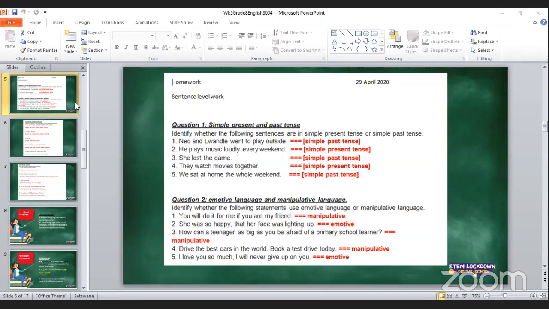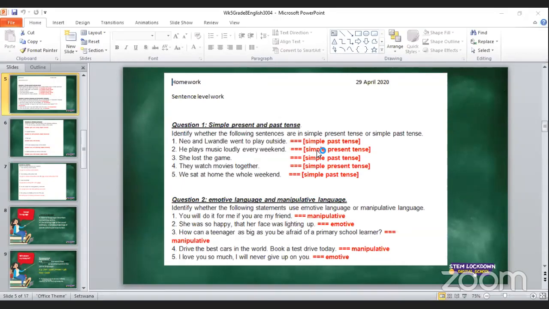Those are the answers for question 1 and question 2. All those I wrote in red are the answers to the questions which are in black. Please take a screenshot so you can go through them. Question 1 was about simple present and simple past tense.